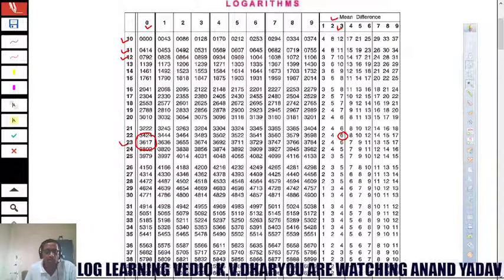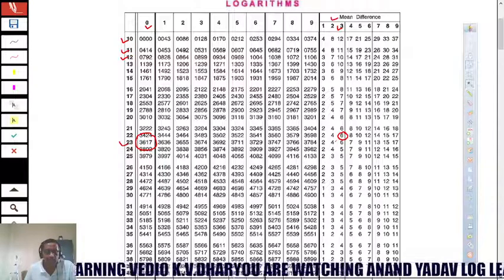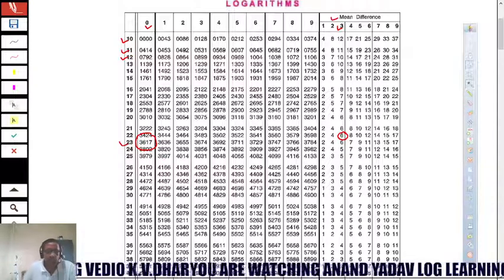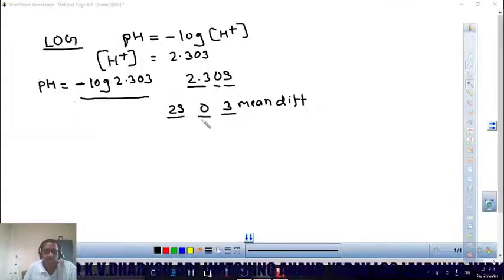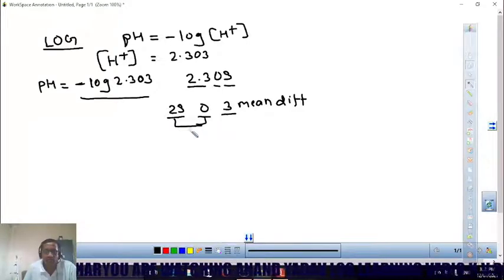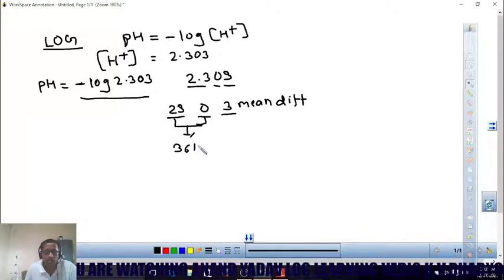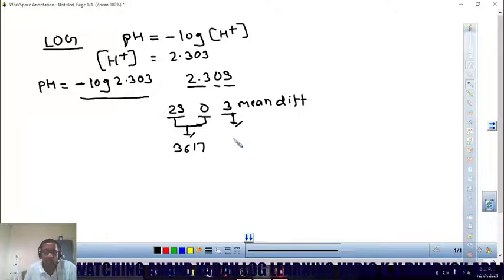Now add both, 3617 and 6. This is 3623. So you write this number here. Here the value of 23 and 0 is 3617 and the 3 of 23 mean difference is 6. Now you have to add these two numbers.